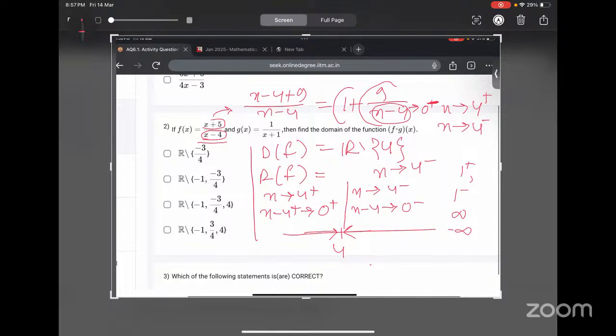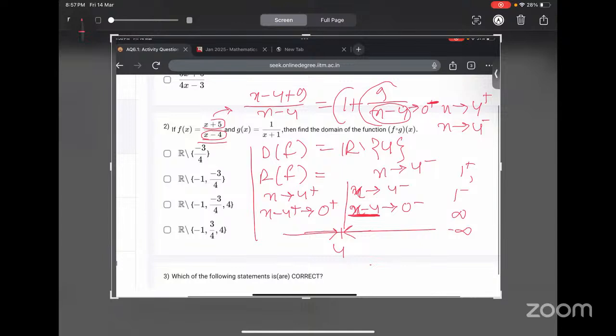When x is tending to 4 from the left side, x minus 4 becomes 0 minus, because x is less than 4. So this is a negative number, right? 0 minus means it is tending to 0, but from the negative side of 0. So we will get a negative number.